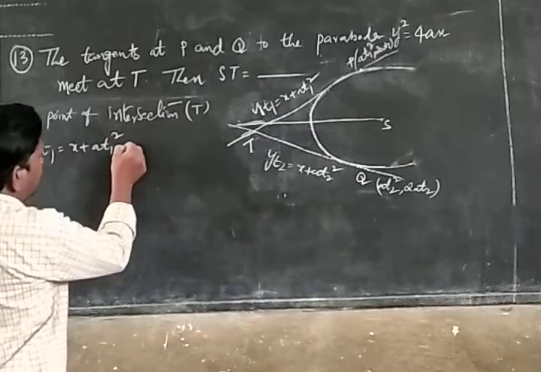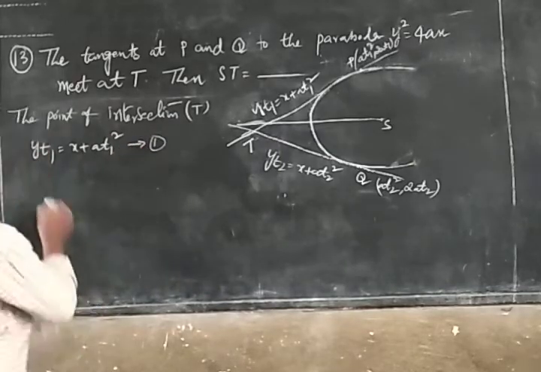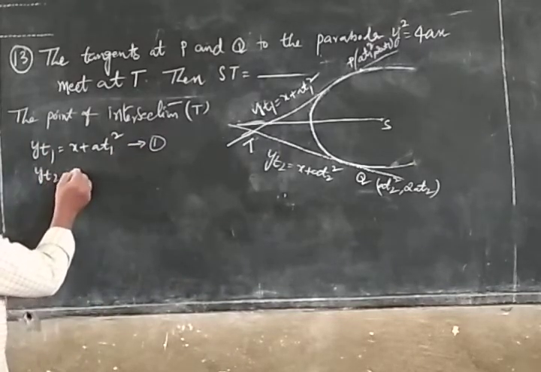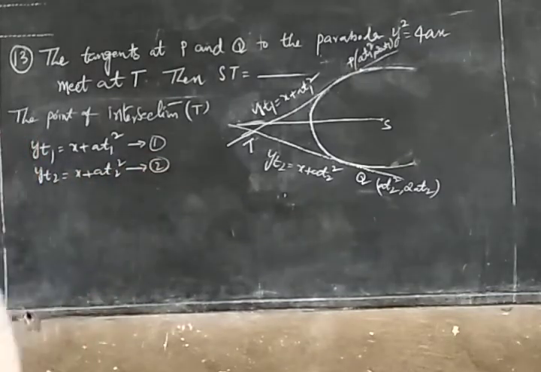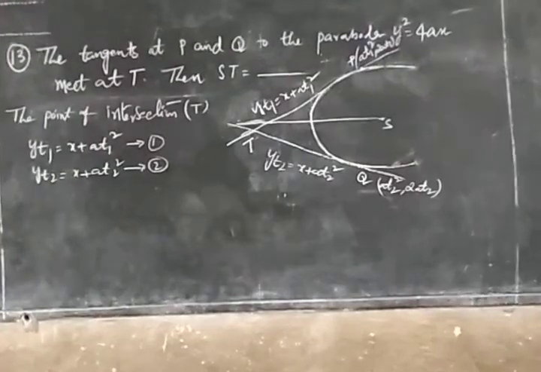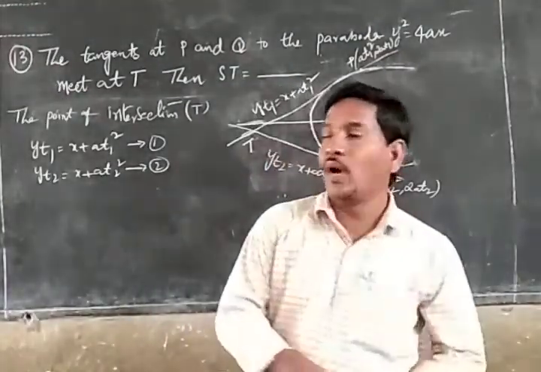This is equation 1. And yt2 equal to x plus at2 square. This is equation 2. Now solve equations 1 and 2.